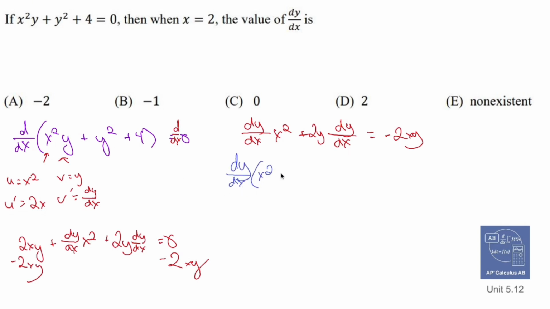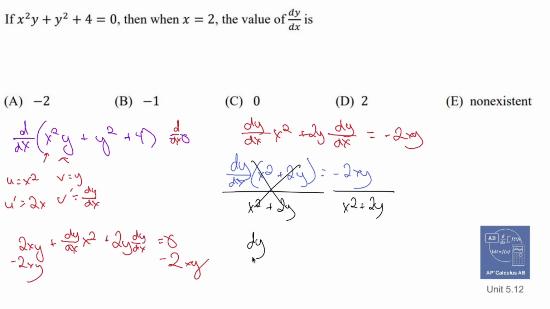That leaves me with x squared plus 2y equals negative 2xy. Divide both sides by x squared plus 2y. And dy dx will equal negative 2xy over x squared plus 2y.